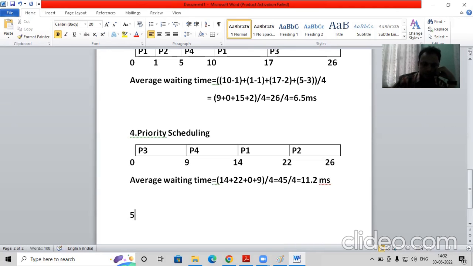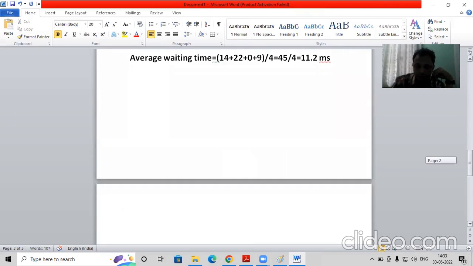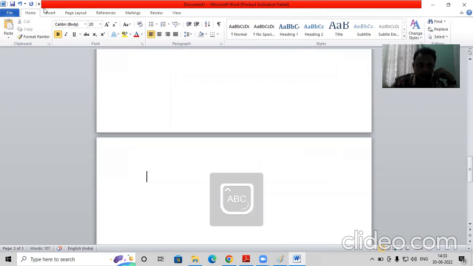Next, fifth, the round robin scheduling algorithm. Now in round robin scheduling, what happens generally?